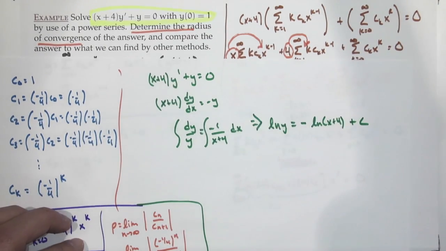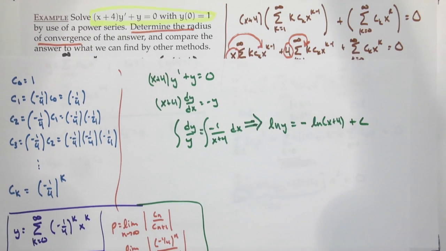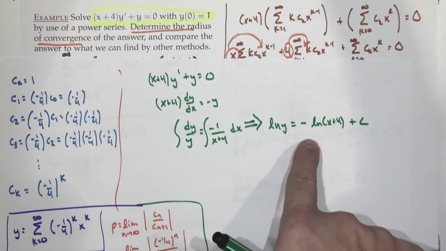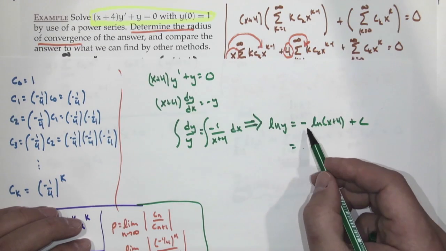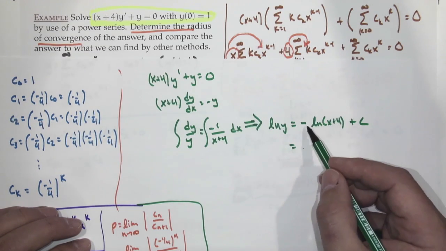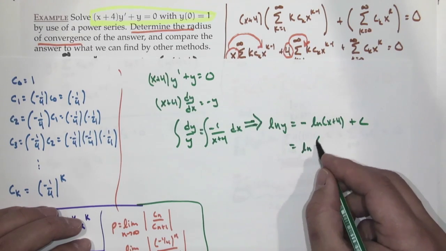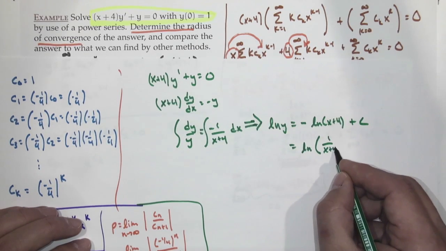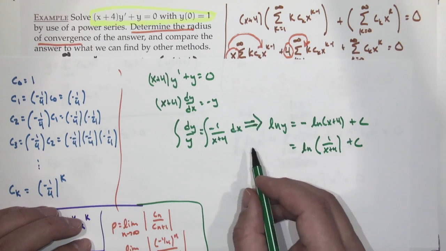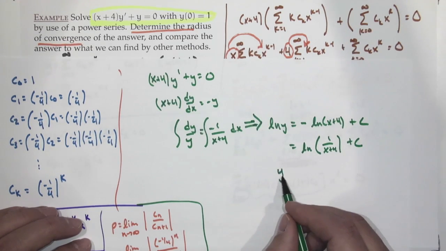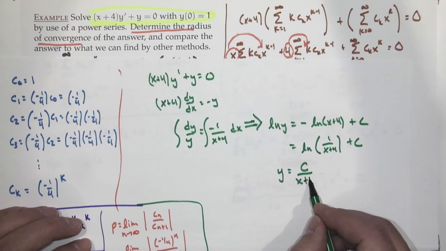Oops, it's an arrow, not an equals. What does this minus do? Yeah, it can go inside the log as an exponent. So this becomes natural log of 1 over x plus 4 plus c. Well, and now, free it: y equals some constant c over x plus 4.